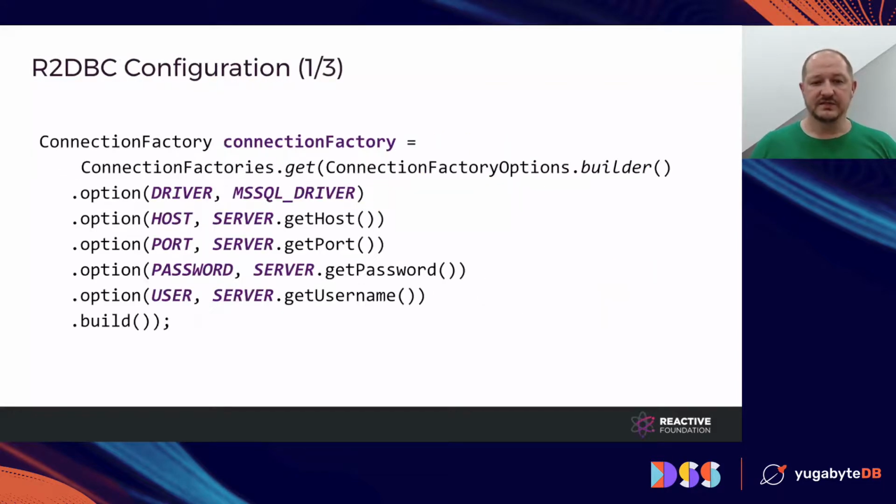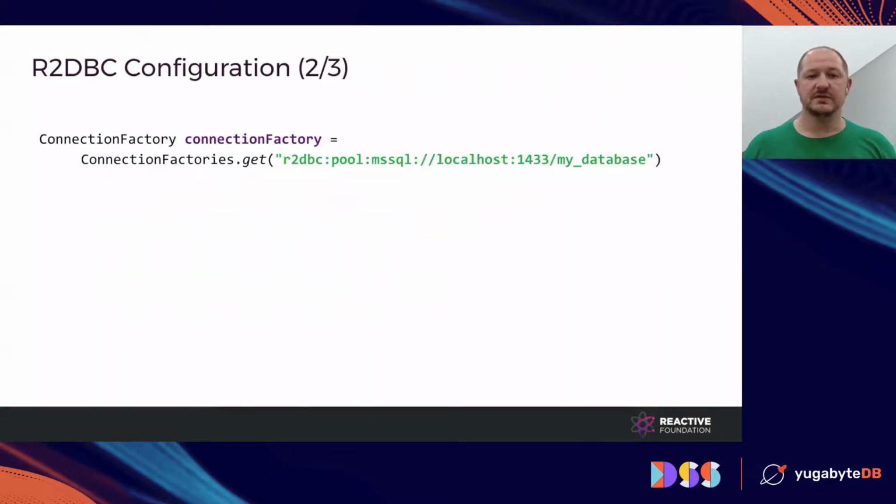On the configuration side, there are multiple ways to configure R2DBC, and this pretty much depends on your usage scenario. You can use the API with connection factory options to provide all the values yourself. This is handy if you are working within a test environment, or if you simply want to configure the API yourself. But besides that, you are also able to leverage standardized connection URLs.